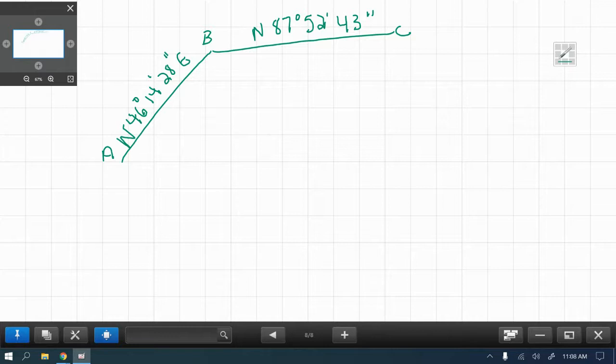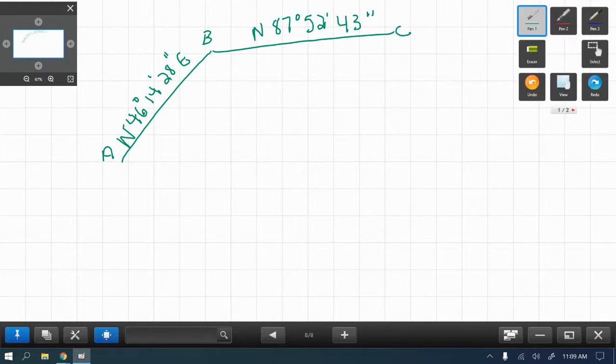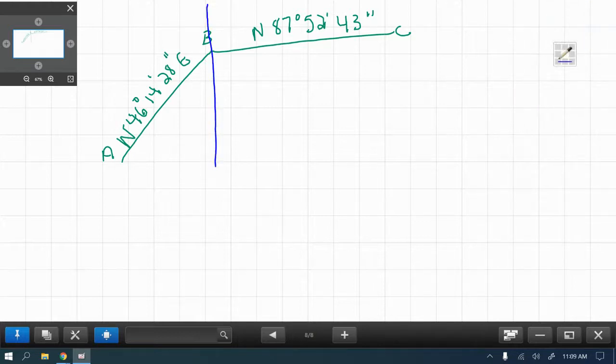Okay. So I'm going to do my north, south, east, west. Draw my little. This is kind of like that one that I was trying to figure out how y'all got the 110.